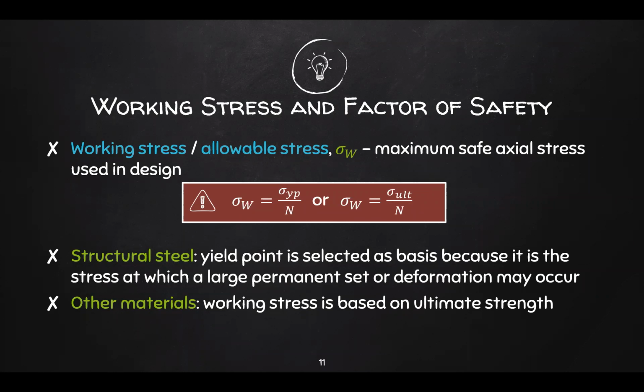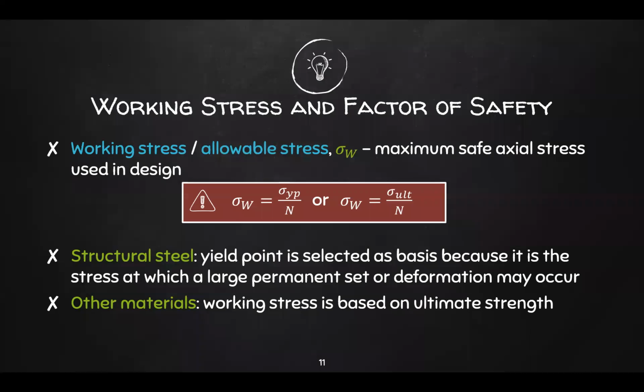However, since proportional limit is hard to determine accurately, it is customary to base the working stress on your yield stress or your ultimate stress. That's why we have two equations here. Okay, sigma W is just your yield stress over N, or ultimate stress over N, where N is your factor of safety. Again, here, previously Fs is your factor of safety. Here, N is also known as your factor of safety.